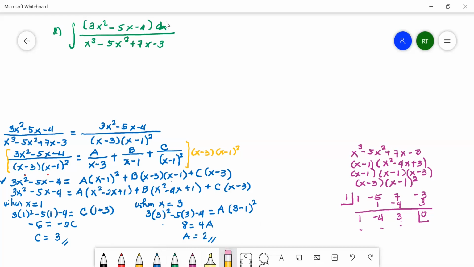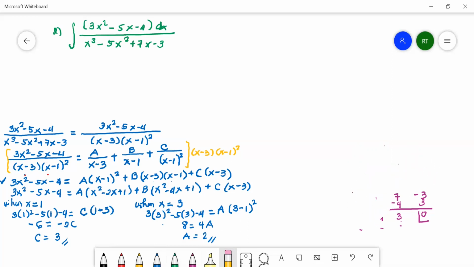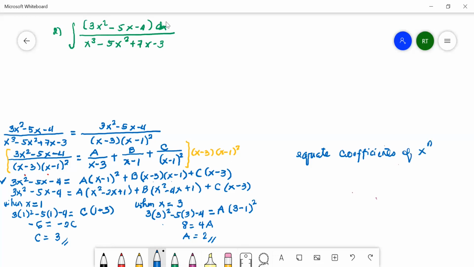To have space, let me erase this one first. Anyway, we are done with the factoring. So as mentioned, another method is by equating coefficients. By coefficients, we mean the numerical coefficients of x raised to n.